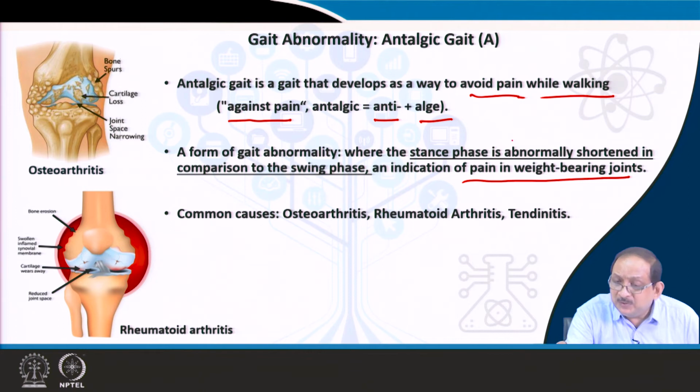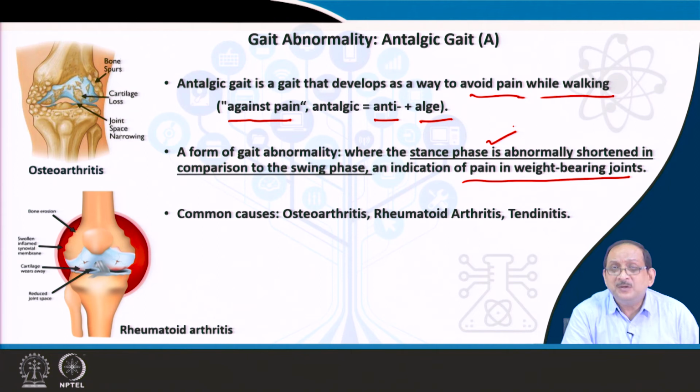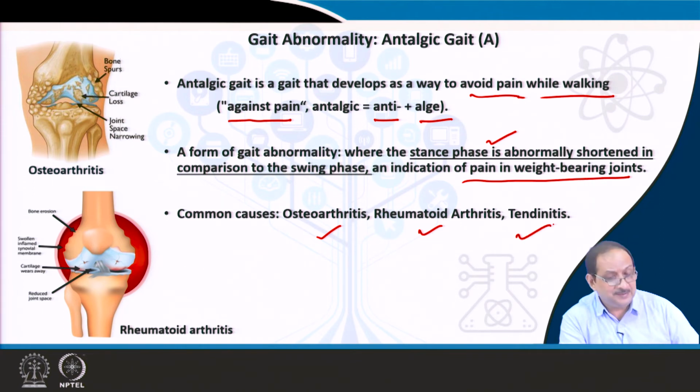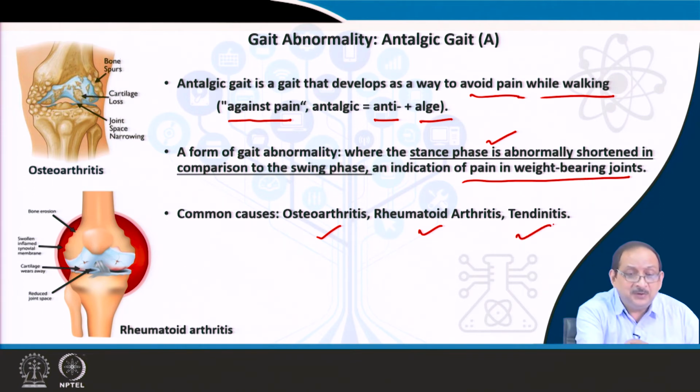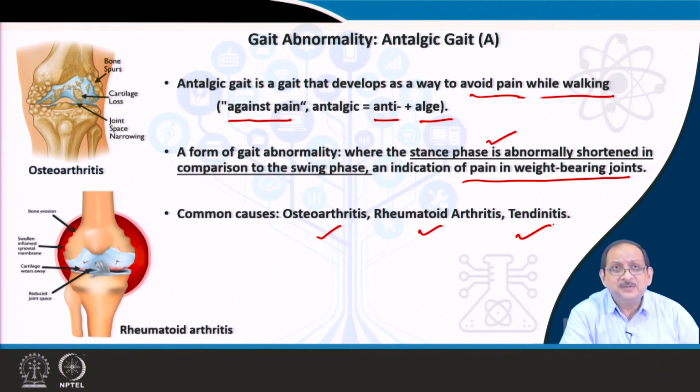It is important to note that the stance phase is abnormally shortened in comparison to the swing phase. The common causes are osteoarthritis, rheumatoid arthritis and tendinitis. On the left, the figures of osteoarthritis and rheumatoid arthritis are presented.